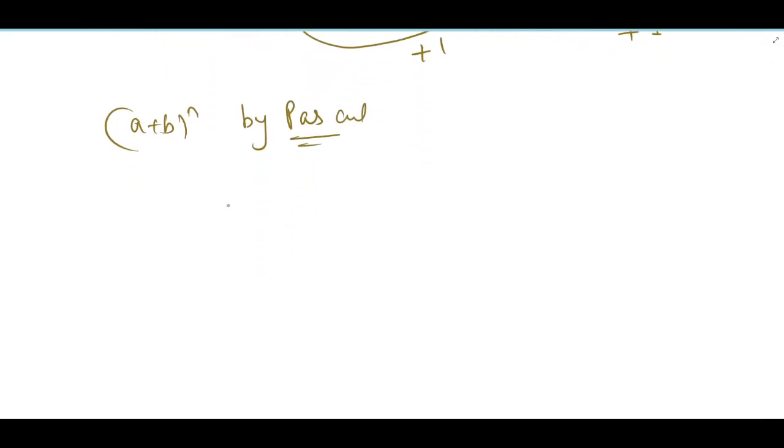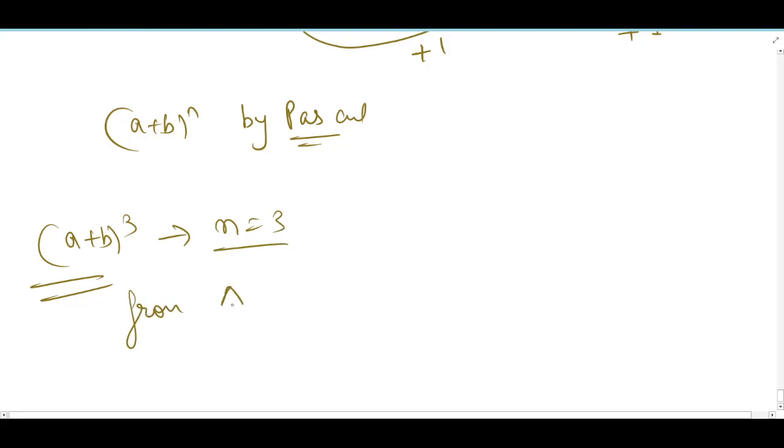Next, let's take another example, a plus b to the power cube. So here n is equal to 3. So from the triangle we have the coefficients as 1, 3, 3, 1.